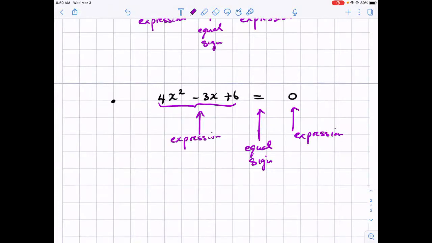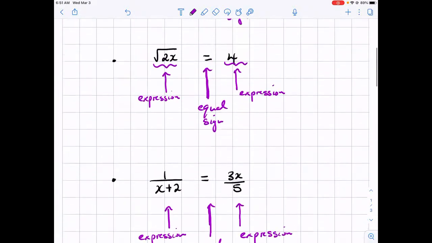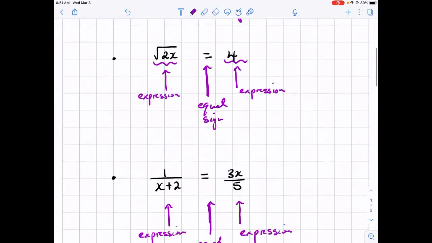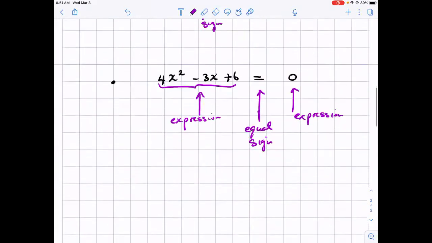It doesn't physically have to be equal to a number, but it has to be equal to something. And 0 is also an expression. So keep in mind that that's quite possible when it's equal to 0. You will see later on, specifically with quadratics, that in order to solve them generally, they should be equal to 0.